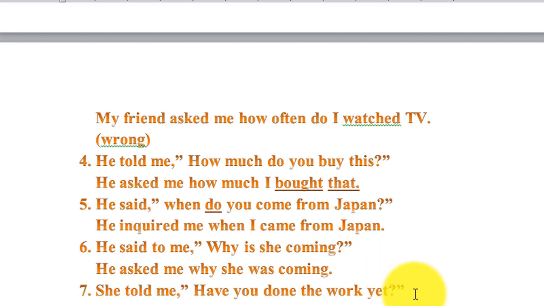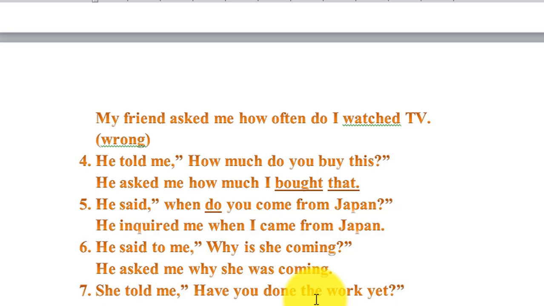The last question here: she asked me, have you done the work yet? It is a yes/no question, so don't forget "whether": whether I have done. "Have done" is present perfect, and I change it to "had done": had done the work yet.